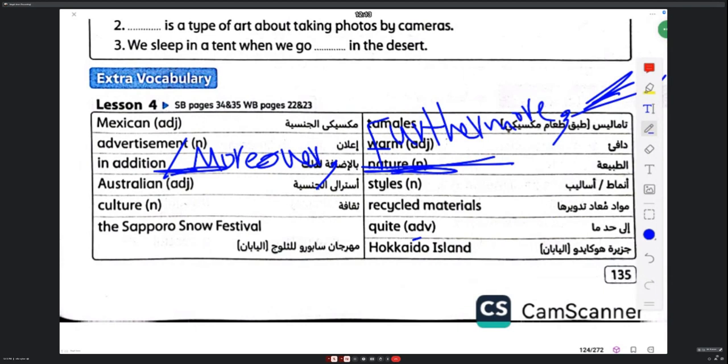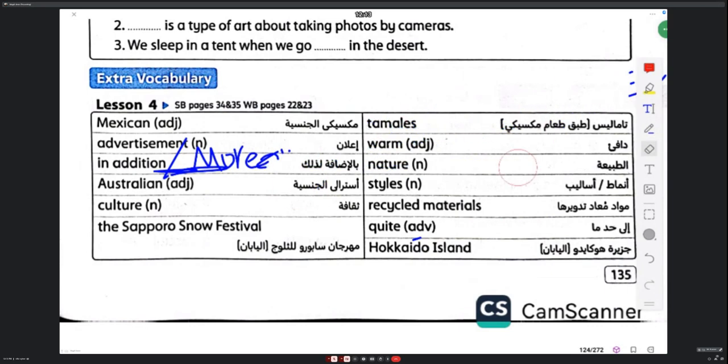Australian, the adjective from Australia. Culture, the Sapporo Snow Festival. Tamils, Tamils. Warm, nature, styles, recycled materials.